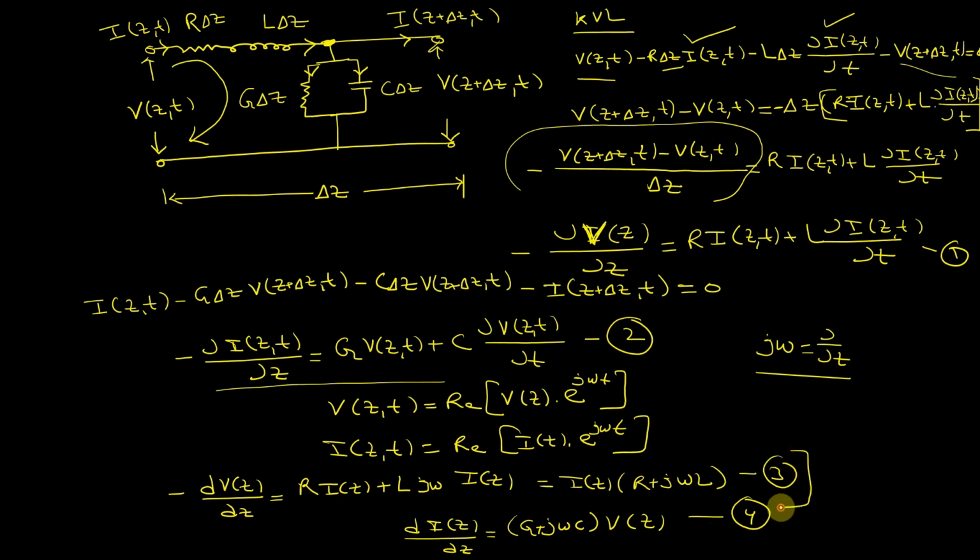These two equations are the time harmonic form of the general transmission line equations, simply the time harmonic transmission line equations.